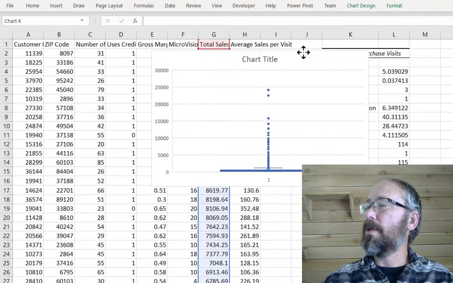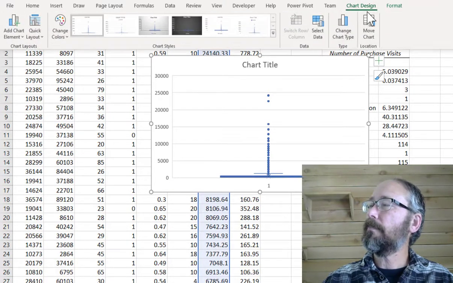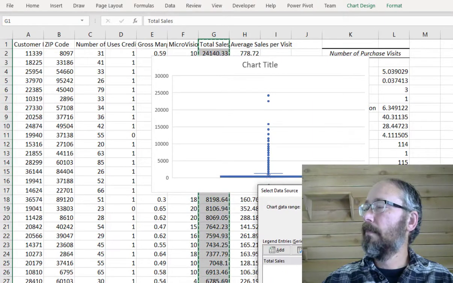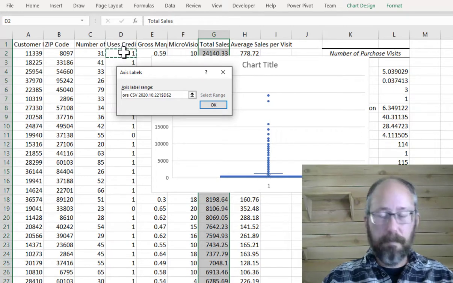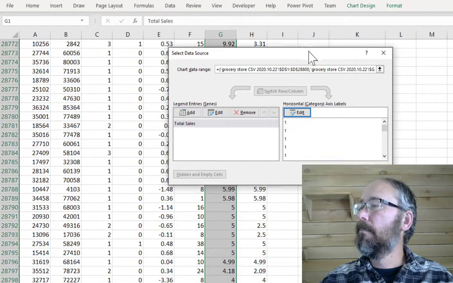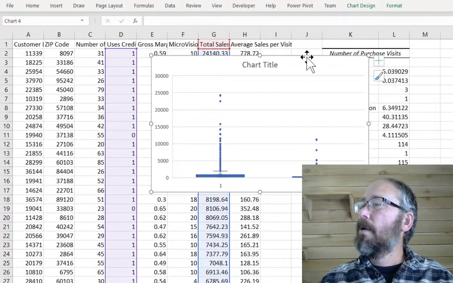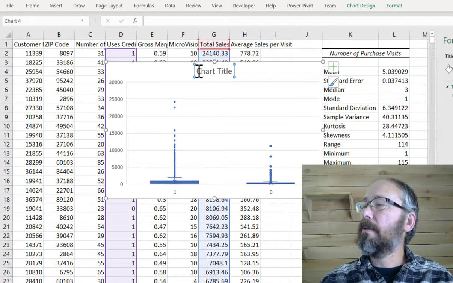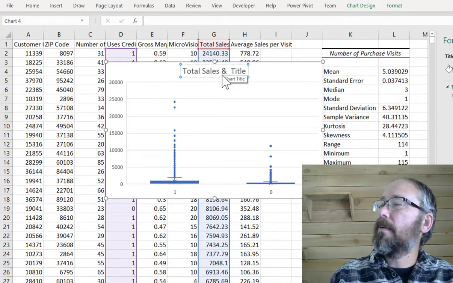And then notice that there's really no X value here, so we need to go up and change that. So here we have our box plot. We're looking at total sales and credit card.